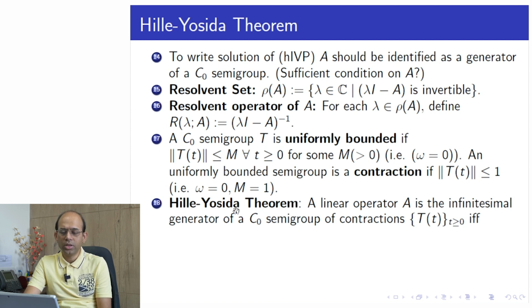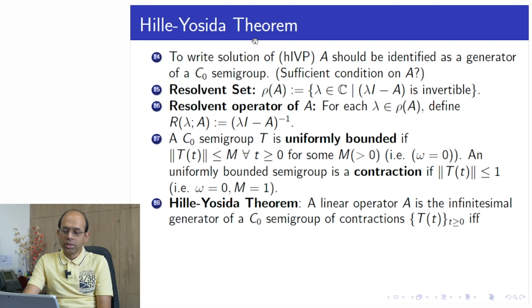This is the Hille-Yosida theorem, which I have already discussed. The importance of this theorem is that it lists down a set of sufficient conditions on the operator A such that A generates a C0 semigroup.